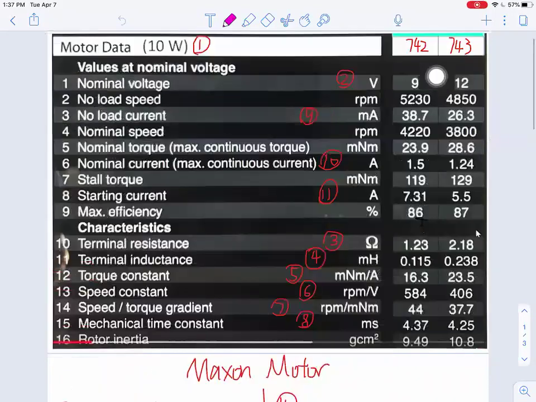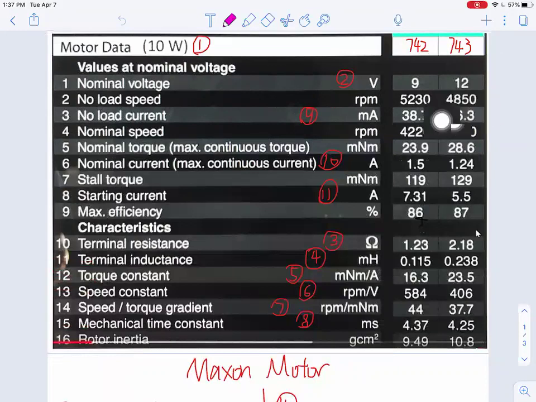Let's first look at why we have two different types of motor that both offer 10 watt but run at different nominal voltage. One reason they could have different voltages is how much wire they use for their coil and the thickness of the wire.